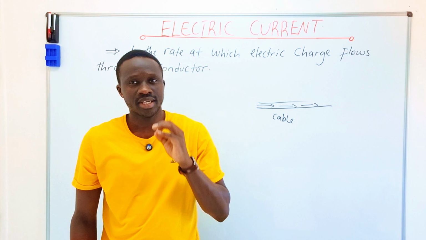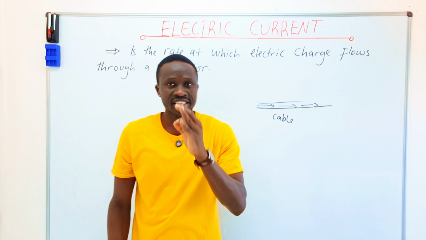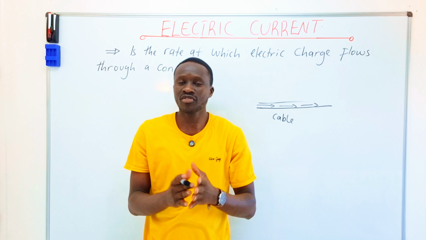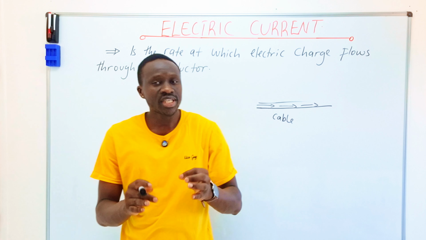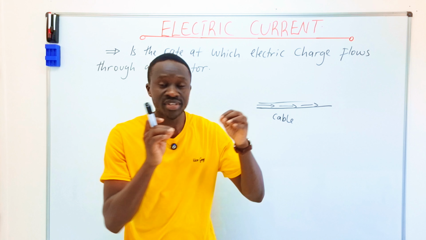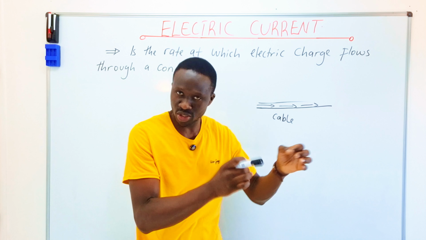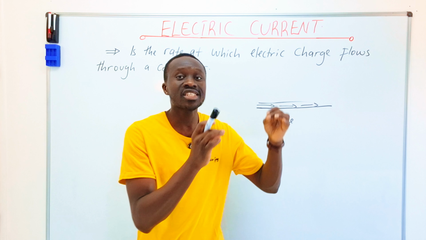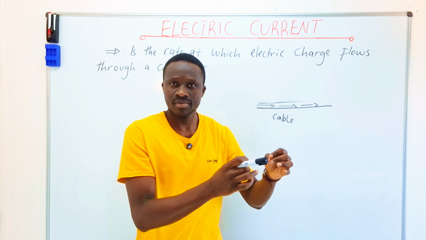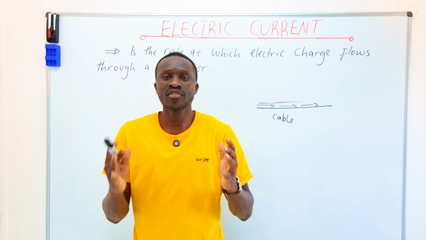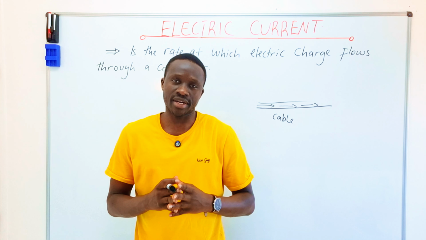Technical engineers, technicians, you need to have this information, because electric current is one of the fundamentals. Without knowing these fundamentals or concepts, it will be hard for you to master electrical engineering.